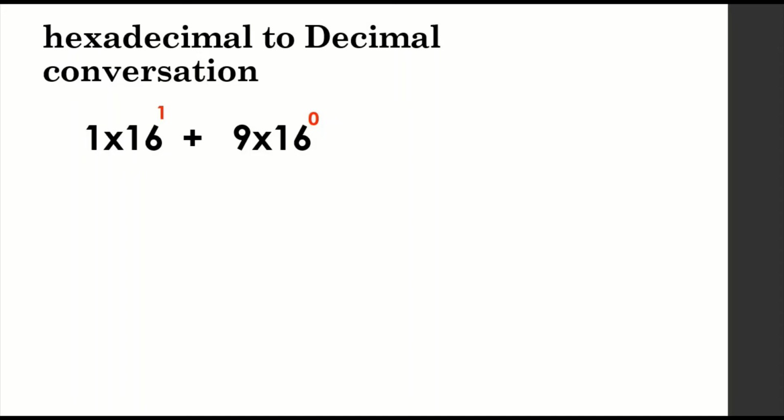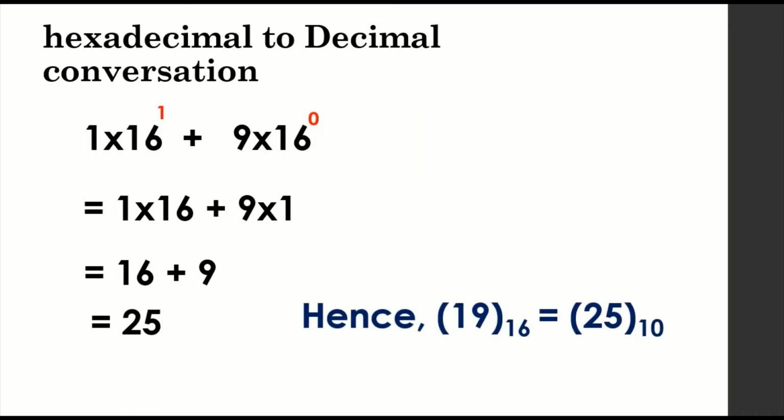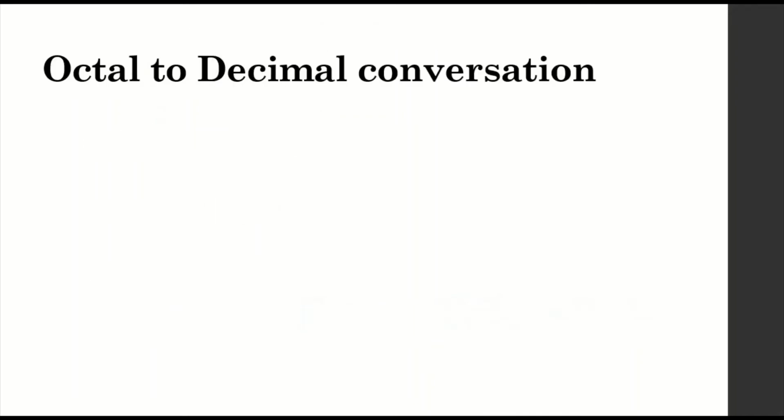You continue by powering the next ones from right to left. Then 1 times 16 to power 1 is 1 times 16, and 16 to power 0 is 1 times 9. Then it is 16 plus 9, which is equal to 25. This is how we convert from hexa to decimal.